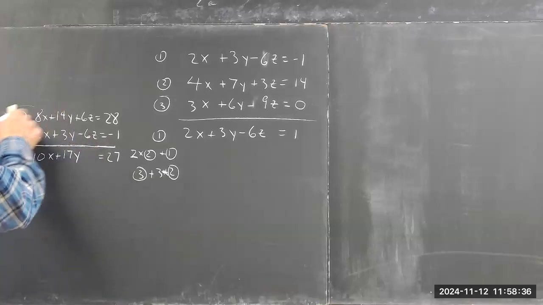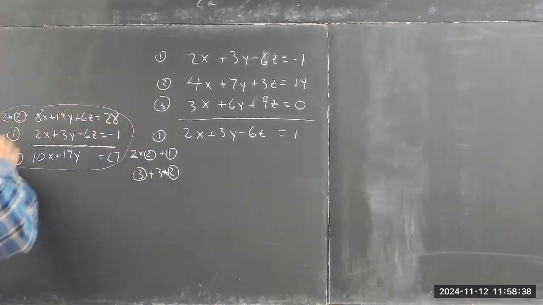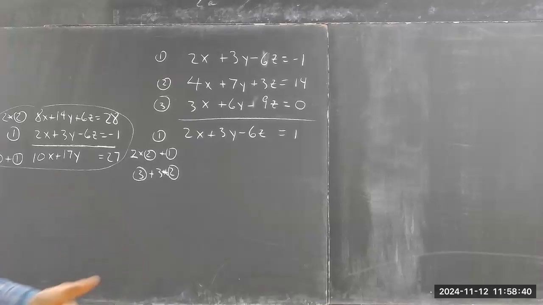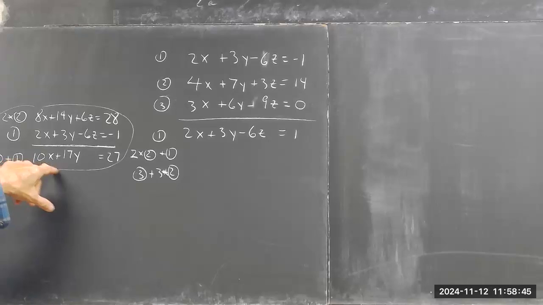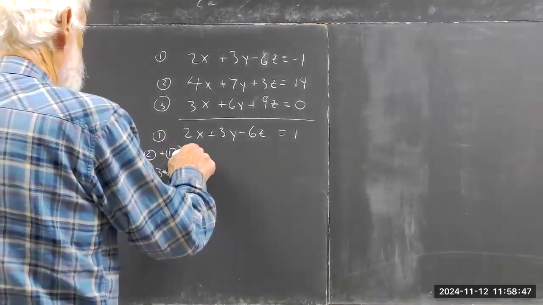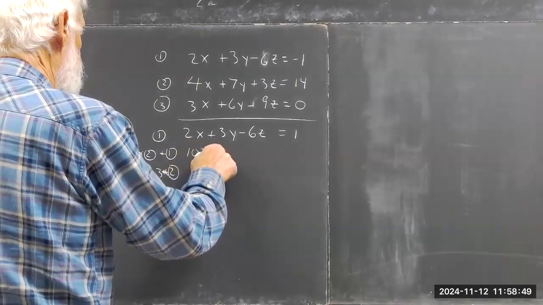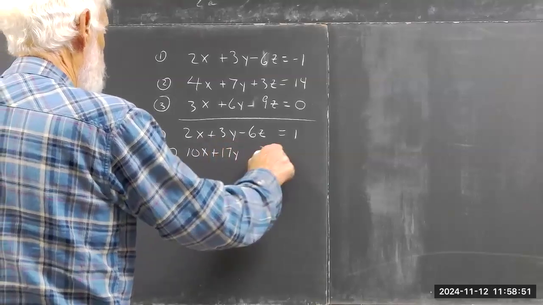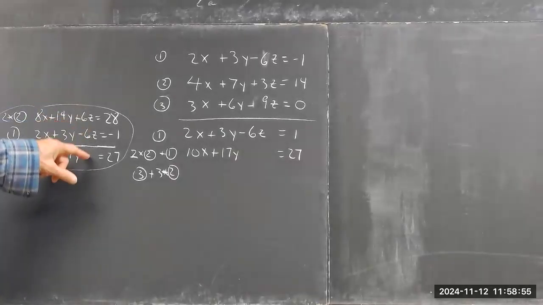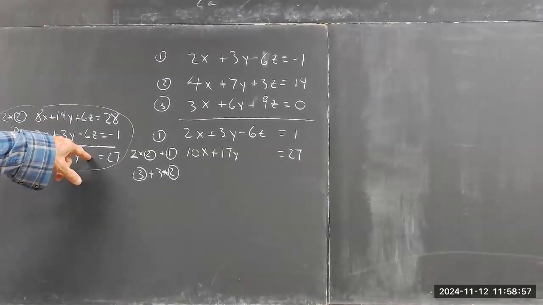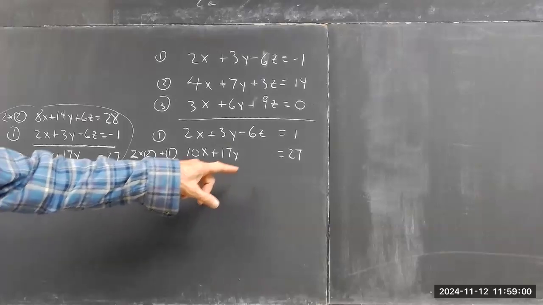Okay, so we've done that over here. Put a circle around it or something so we don't confuse it with something else we write. Take this result. This result goes here. 10x plus 17y equals 27. We don't bother writing out 0z because we want to see clearly that z is gone.